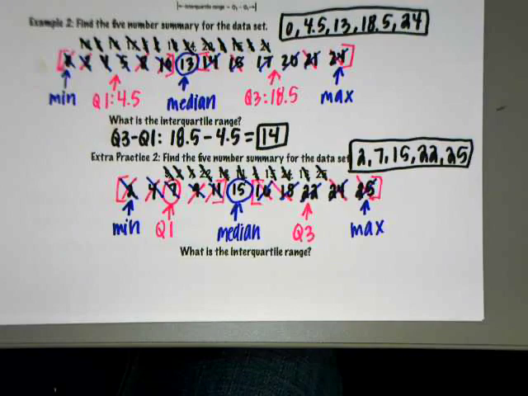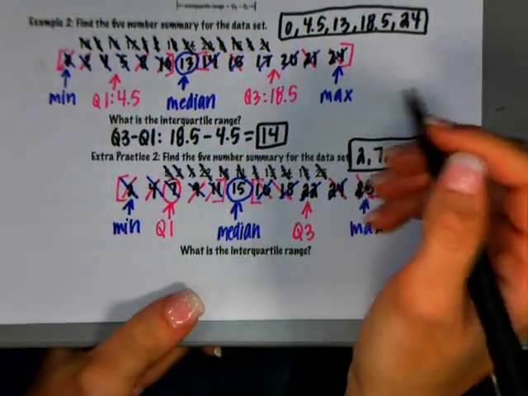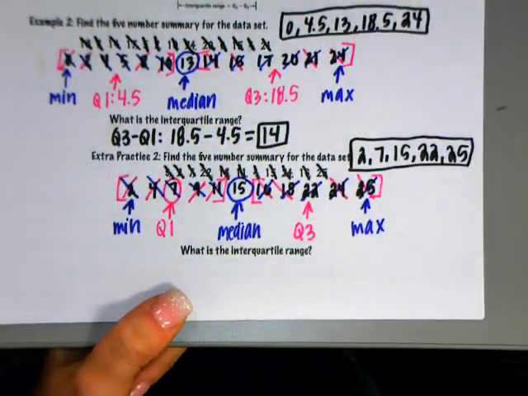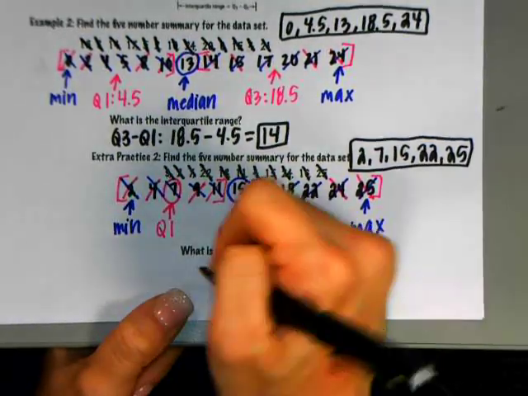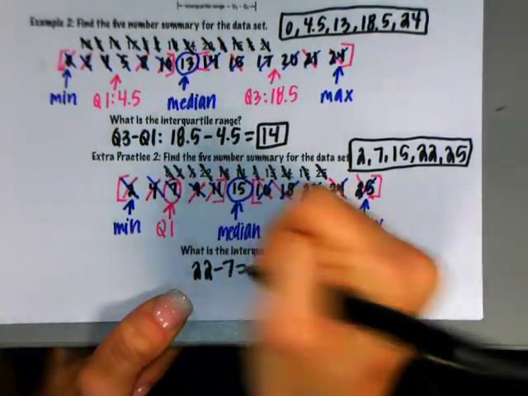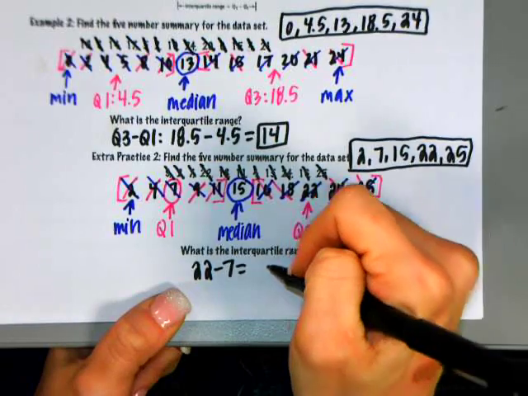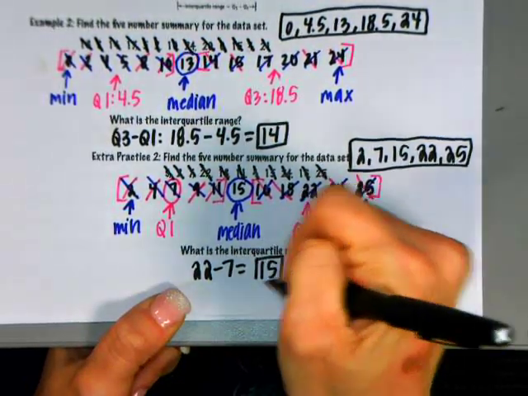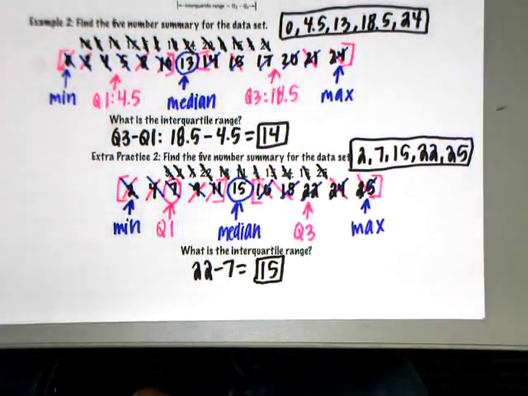Good there? Yeah? Okay, and then interquartile range. Q3 minus Q1, so 22 minus 7. So you should have what? Yep, 15. All right, any questions on that?